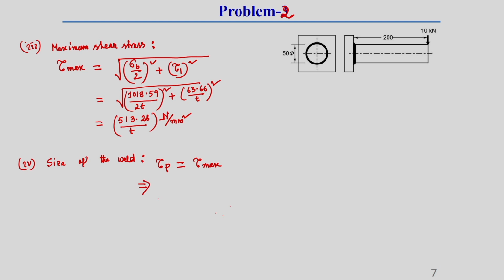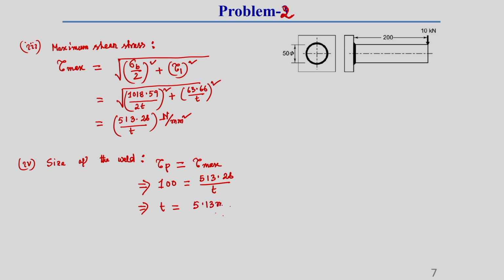So, tau p is given as 100 MPa. So, 100 MPa means 100 Newton per millimeter square. This will be equal to 513.26 divided by t.